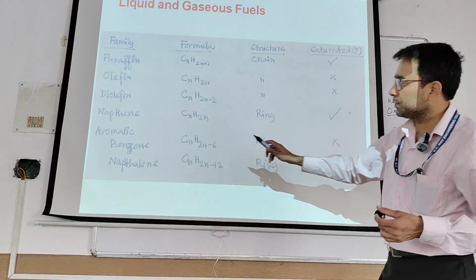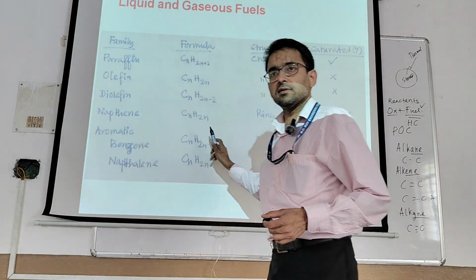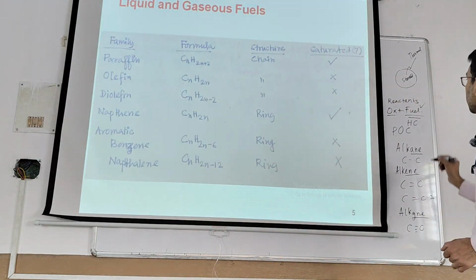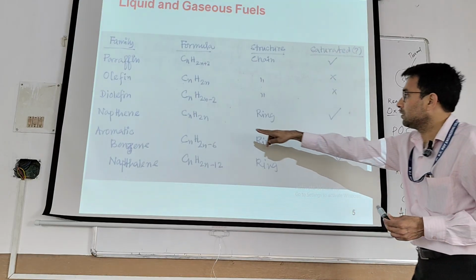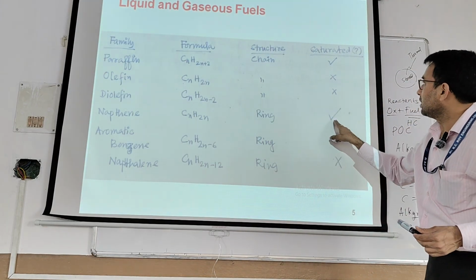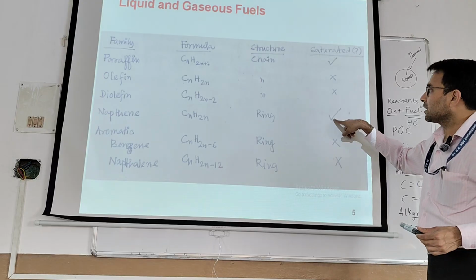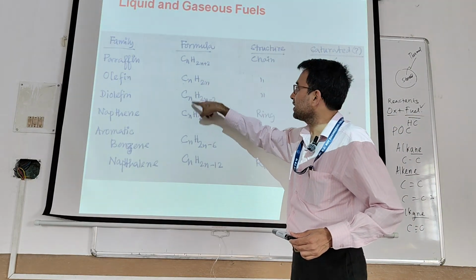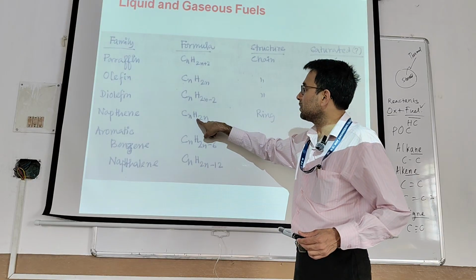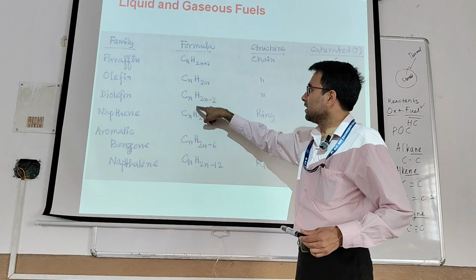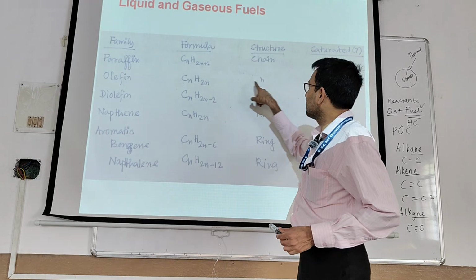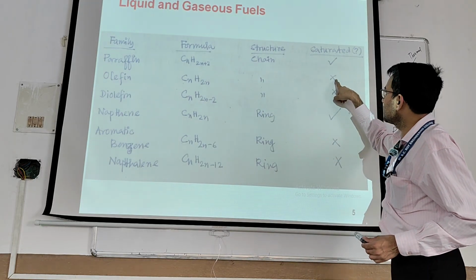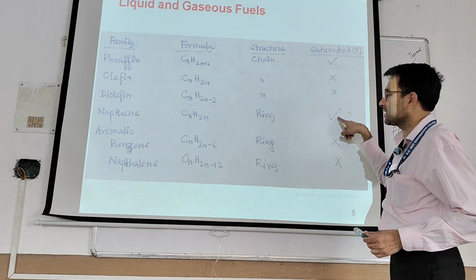And naphthene is basically called cycloalkanes. This is naphthene or cycloalkane. It is a ring and it is saturated. The general formula is the same as the alkanes, but it is a cyclic ring structure rather than a chain.